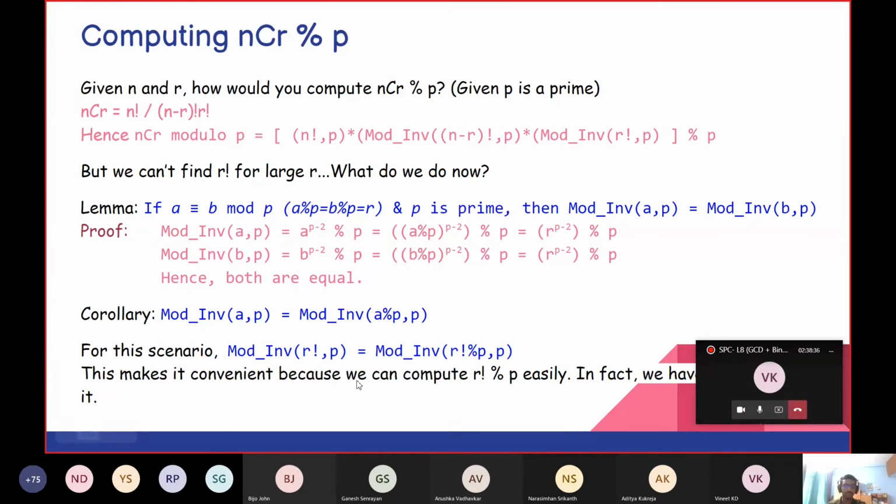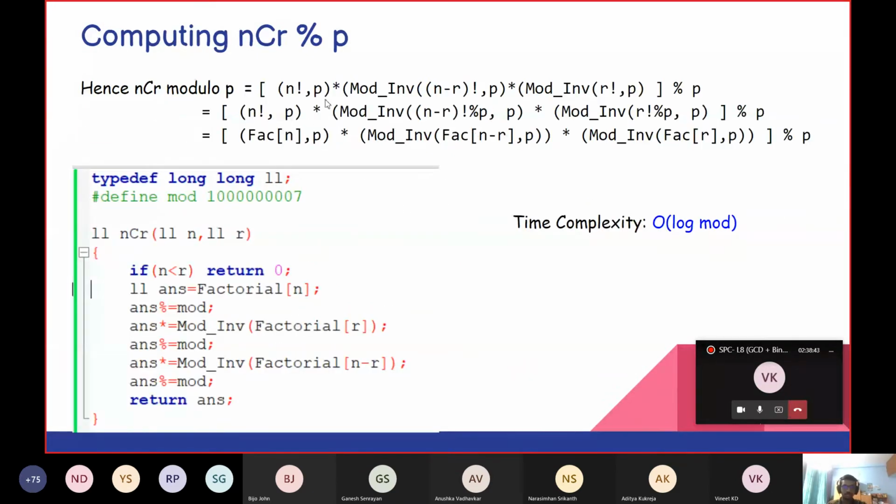So as I have computed it, I can directly use it, and here I can directly use mod inverse of what I have computed. So n factorial percentage p into mod inverse of fac of n minus r comma p, because this I have computed in the factorial array, written here as fac, and mod inverse of fac of r comma p, mod inverse of fac of n minus r comma p, and then fac of n comma p. We multiply all these 3 and we take whole percentage p, and we are done for nCr.